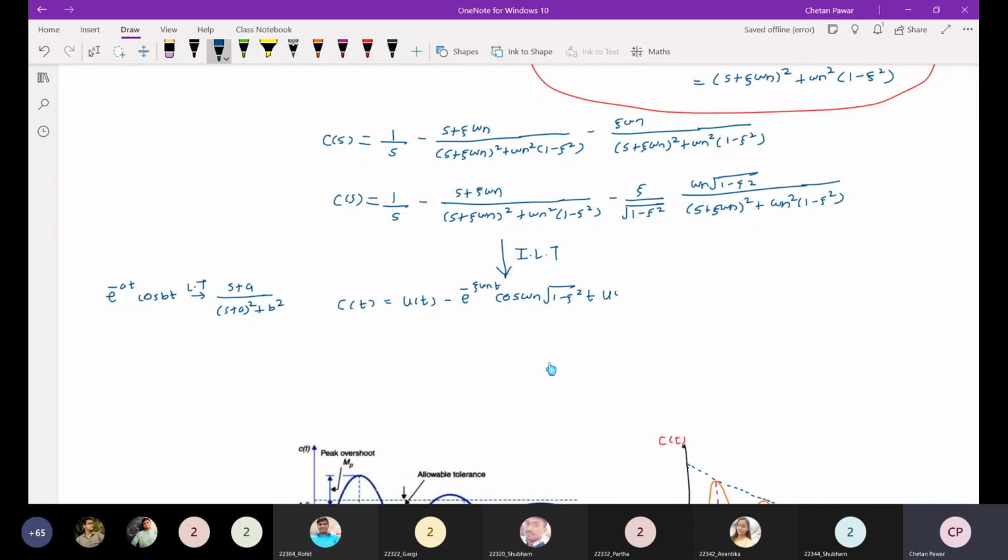If you want to put u of t here, put u of t. Understood? This term is b square.